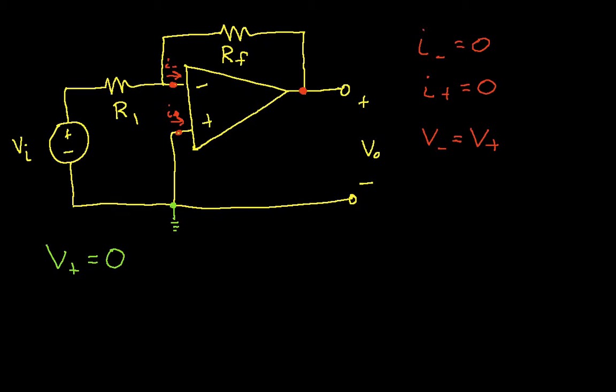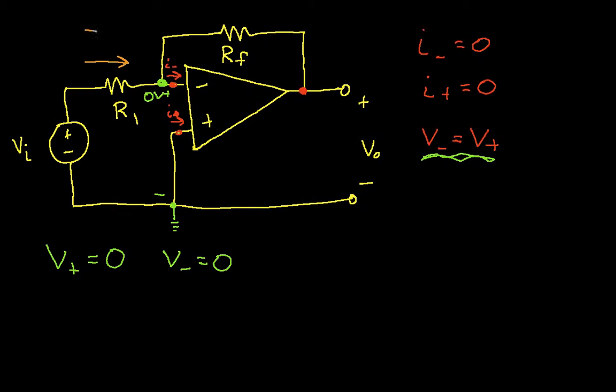Which means that V minus will also be equal to 0 volts because we're making this assumption due to the ideal op-amp model. So this node in the circuit is at 0 volts, the difference between here and ground. That allows us to fairly easily compute the currents that flow through R1 and RF.